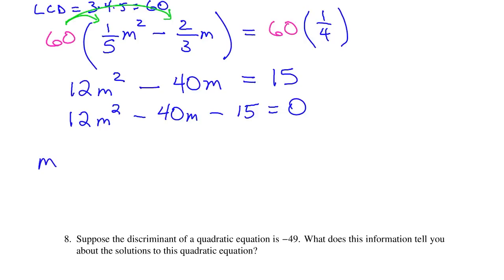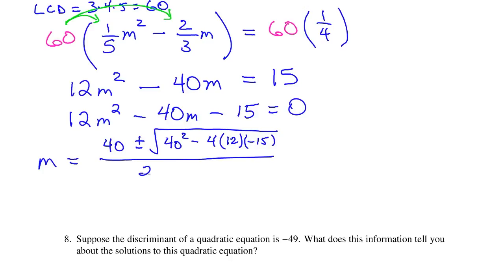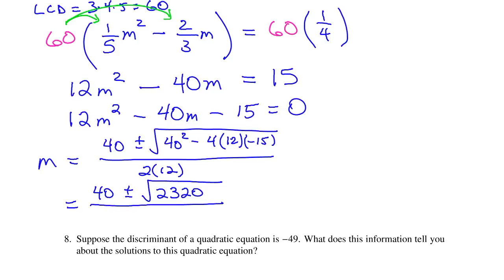So m is equal to 40 plus or minus the square root of 40 squared minus 4 times 12 times negative 15 divided by 2 times 12. This is equal to 40 plus or minus the square root of 2,320 divided by 24.